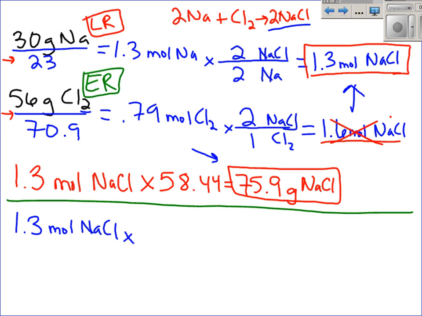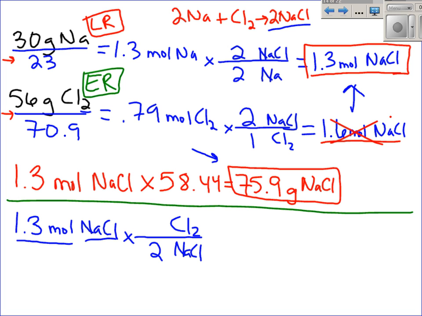So let's figure out using a mole ratio how many moles of chlorine it takes in order to do that. NaCl goes on the bottom because that's what I'm currently in, and Cl2 goes on top because I want to know how many moles it takes to create the 1.3 of my product.